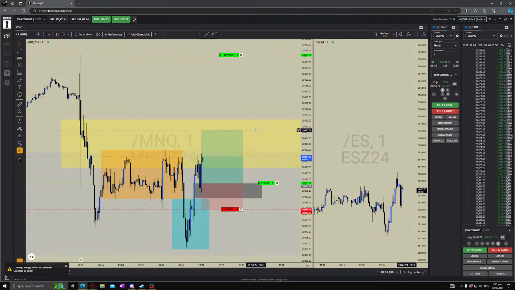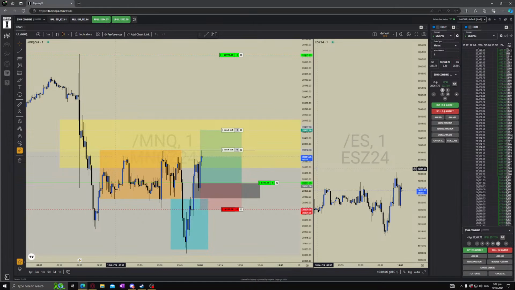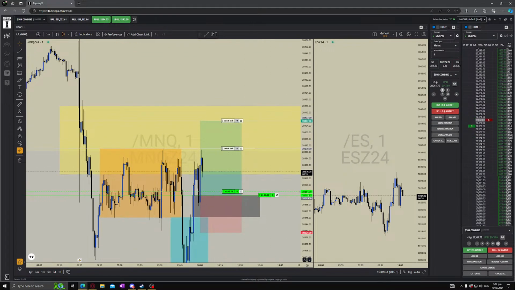Might even sell two. Let's sell one. Worst case scenario, we'll make some money if we can get there. Not liking the SMT, so I'm just gonna move my stop. I thought we were gonna get some explosion here. I guess not. Let's do this.